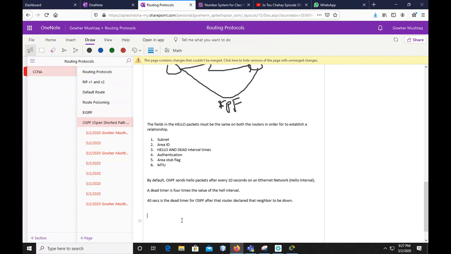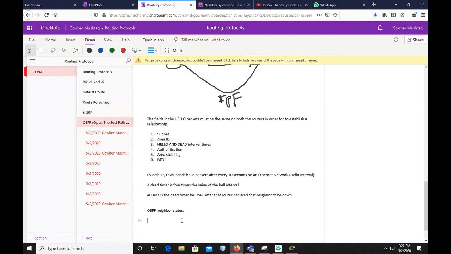Okay? Now, OSPF has a lot of things about it which you need to remember. That's why I'm writing all those things. Now, the neighbor states. What are the states of neighbors and how do they establish the relationships? Before establishing a neighbor relationship, OSPF routers need to go through several state changes.